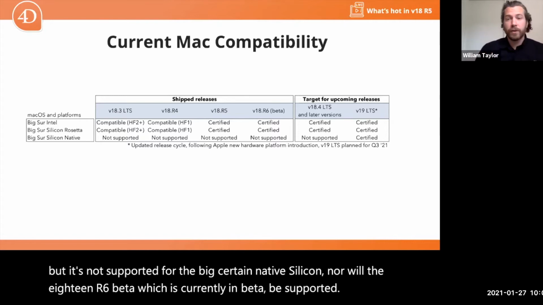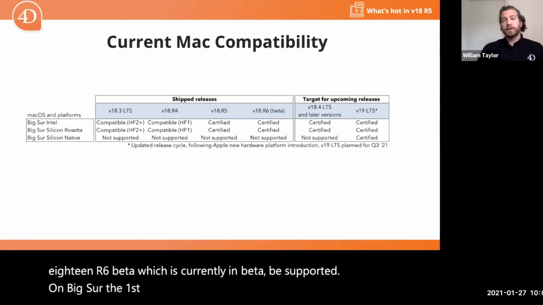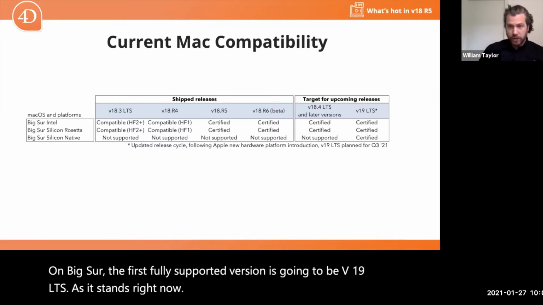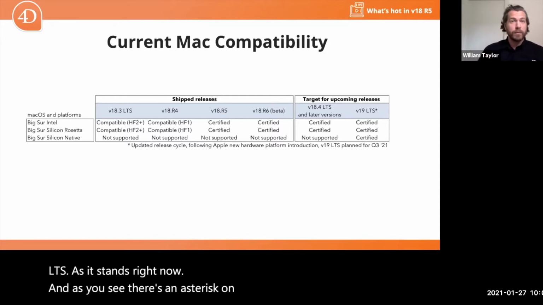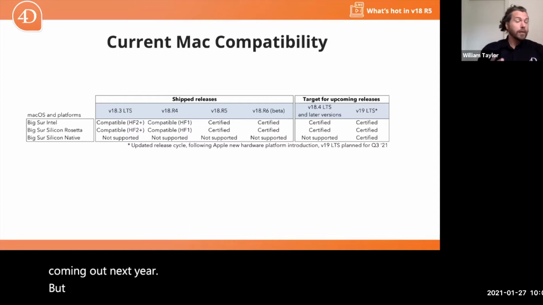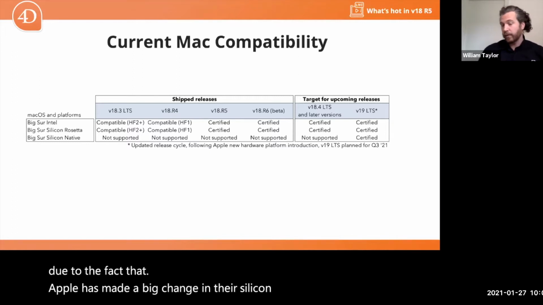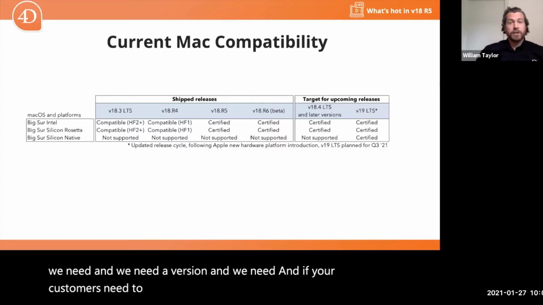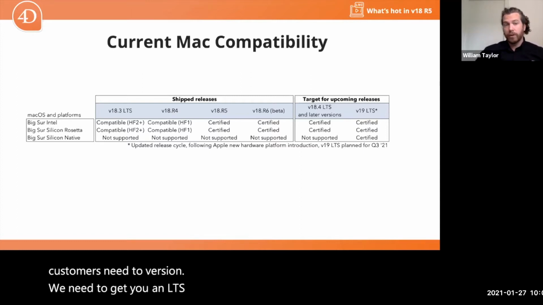On Big Sur, the first fully supported version is going to be v19 LTS as it stands right now. And as you see, there's an asterisk on that. Normally that would be coming out next year, but due to the fact that Apple has made a big change in their silicon, and if your customers need a version, we need to get you an LTS version to support the Big Sur native silicon.